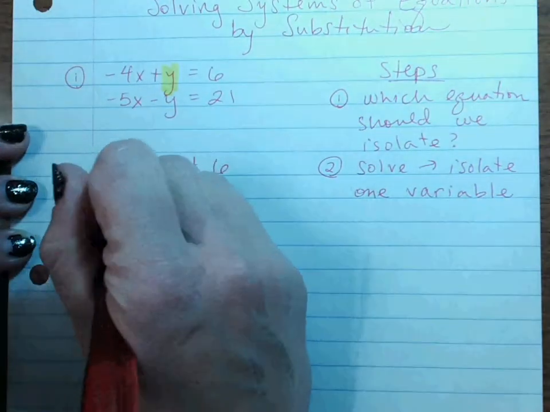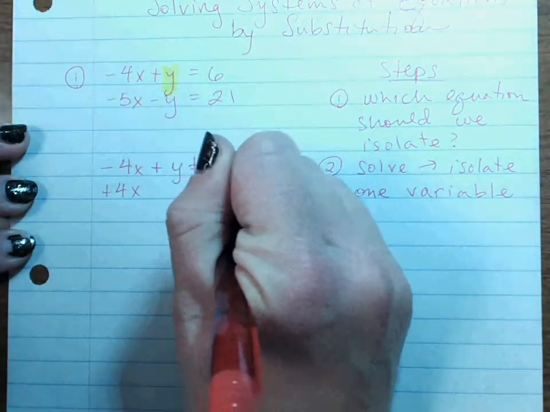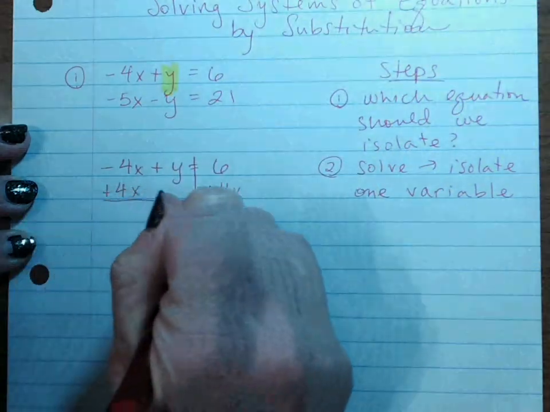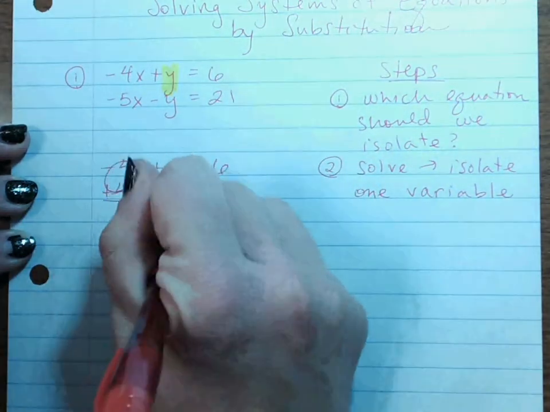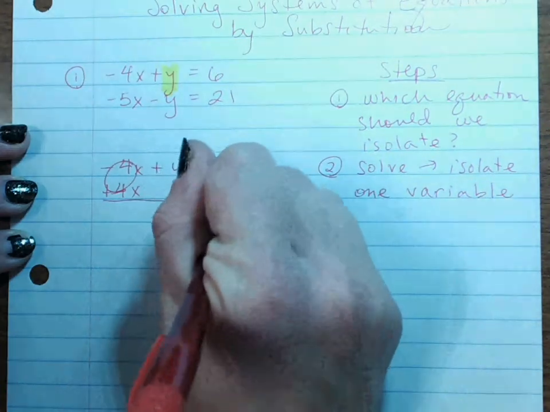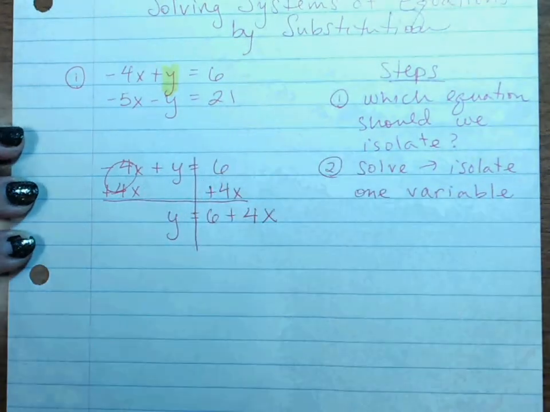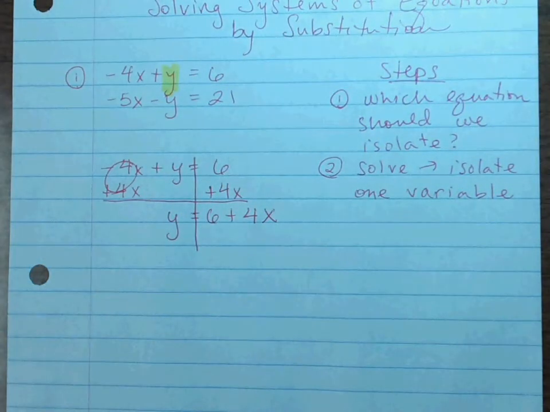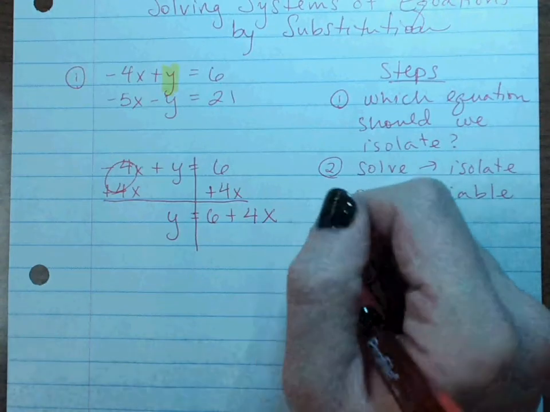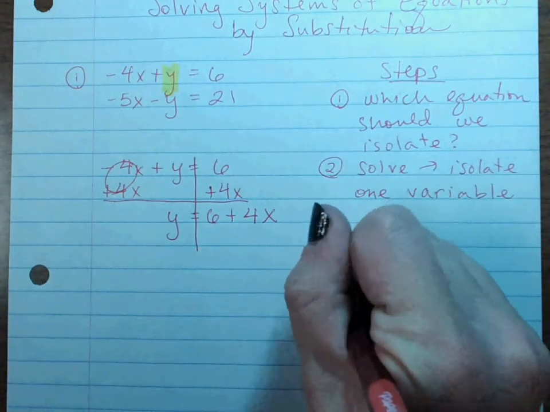Perfect. So plus 4x on both sides. All right, my variable is isolated. It's not the prettiest because I still have an x involved, but this is going to allow us to effectively use the substitution method, which is going to be our step 3.